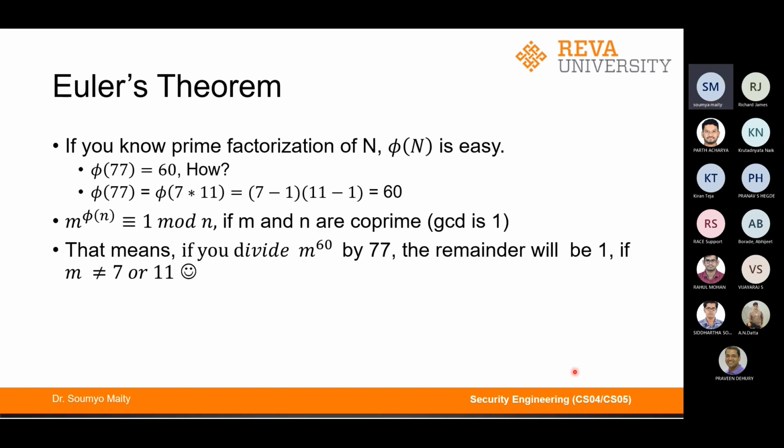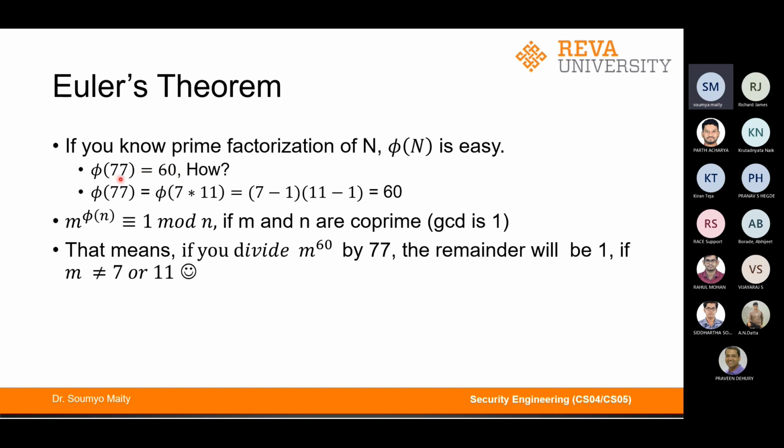But until 1970 or 80, whenever Rivest, Shamir and Adleman came, they first used this totient function. And they found a very nice trapdoor function out of this. What is that? If you have two numbers, like phi of 77 is 60, it's very easy to find if you know one single logic.